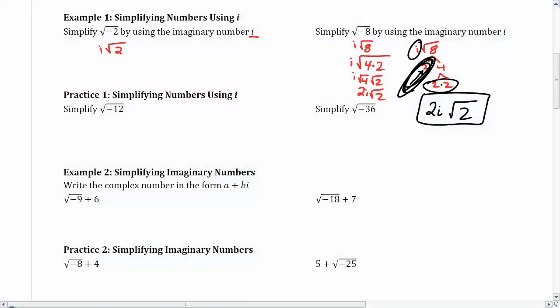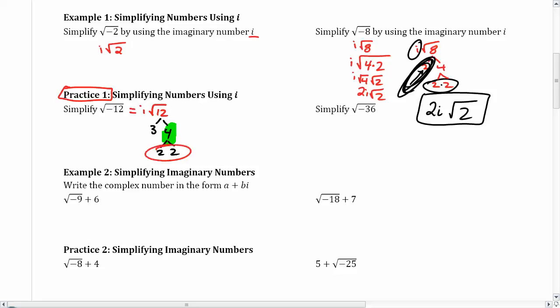Alright, so let's keep going. Simplify in practice 1. Simplify the square root of negative 12. First step, it's I the square root of positive 12. Next step, factor tree. 3 times 4. Hopefully you recognize that 4 is one of our perfect squares. We can take the square root of that. If not, that's okay. 4 is 2 times 2.